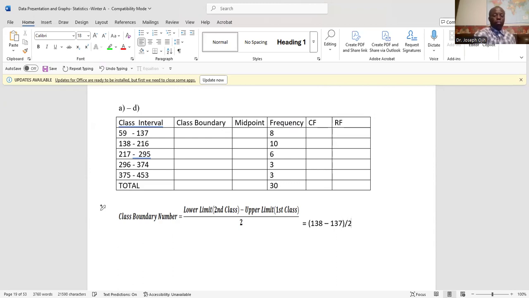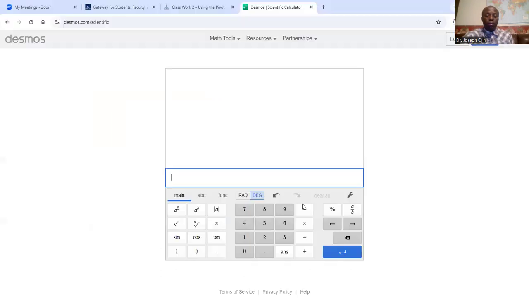So 138 minus 137 is 1, divided by 2 gives me 0.5. 0.5 is the boundary number that we use, see?